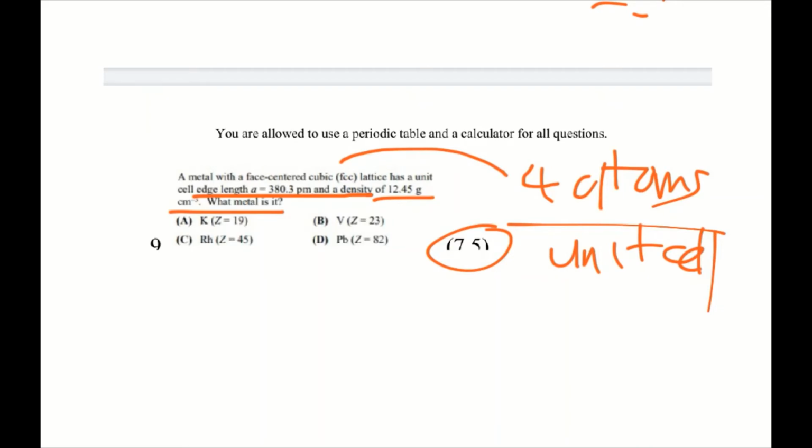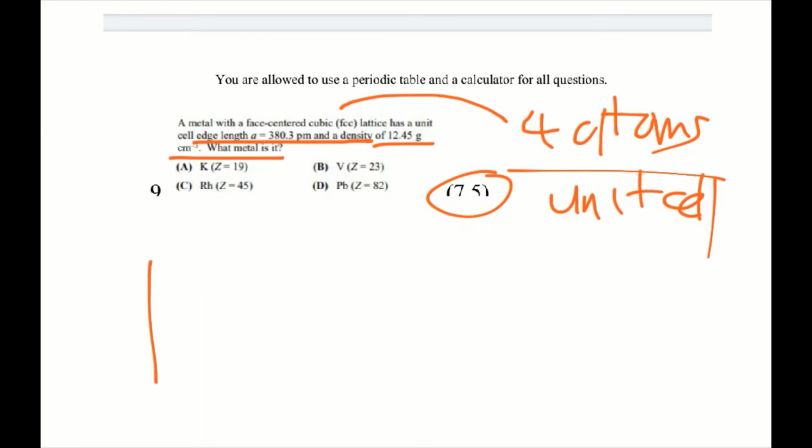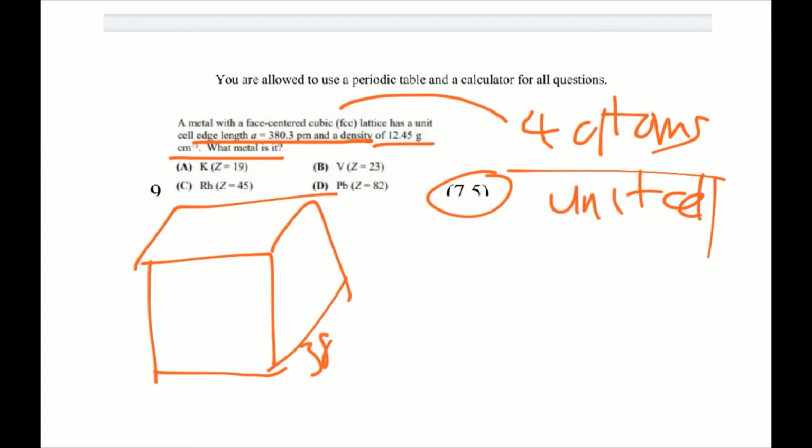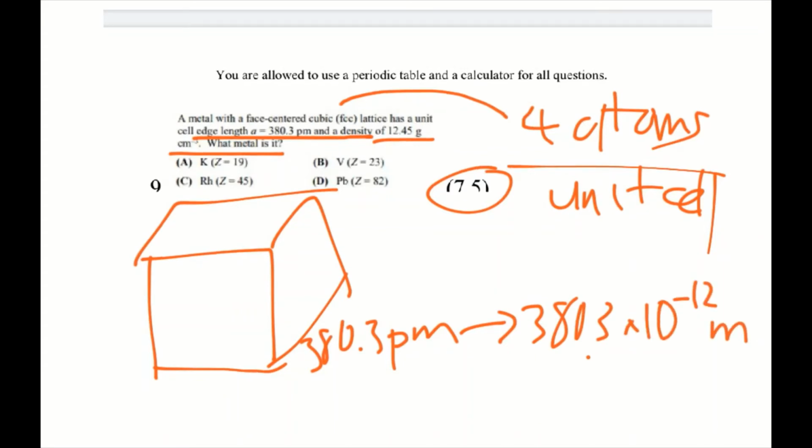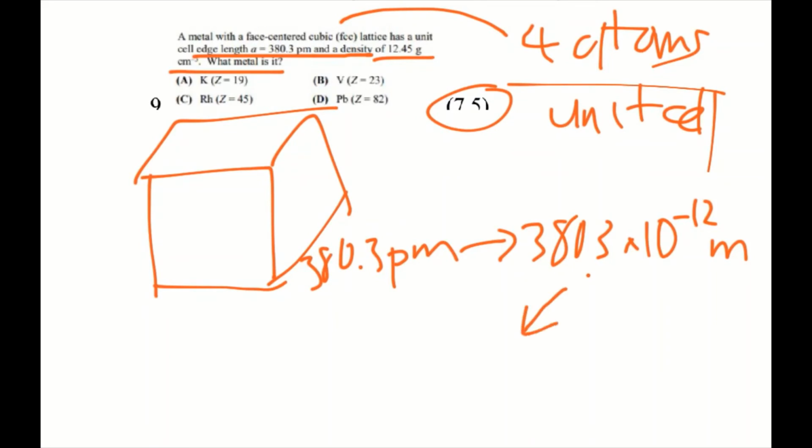And let's think. It gives us the cell edge length, which is 380.3 picometers, and we could easily convert this to 380.3 times 10 to the negative 12 meters, and we could go even further and turn it into centimeters.